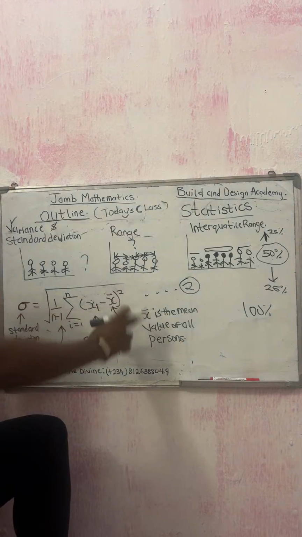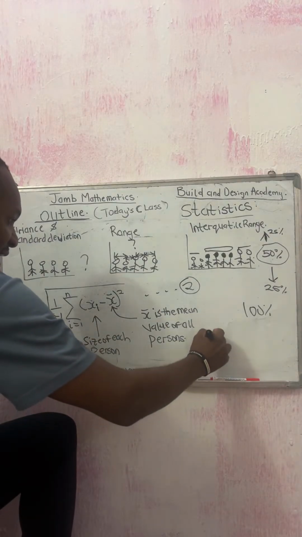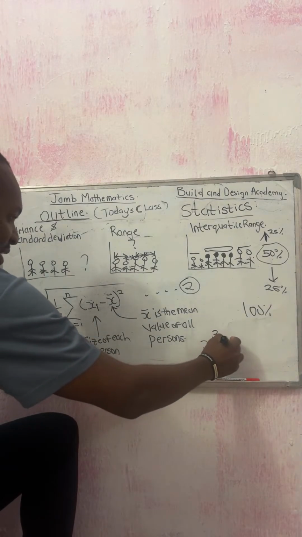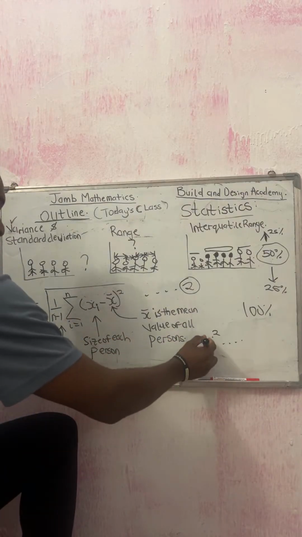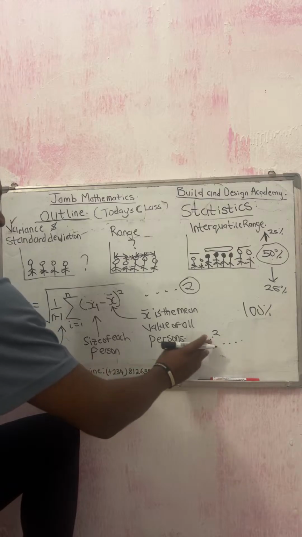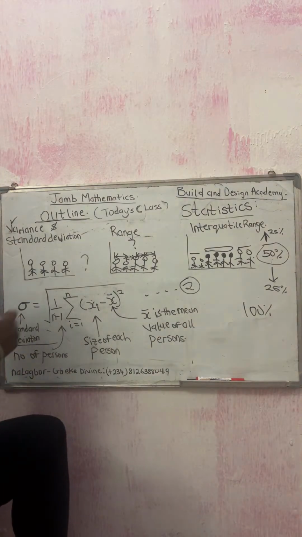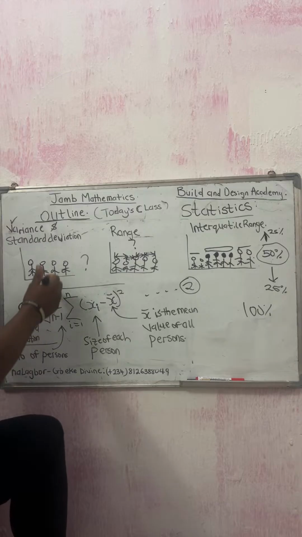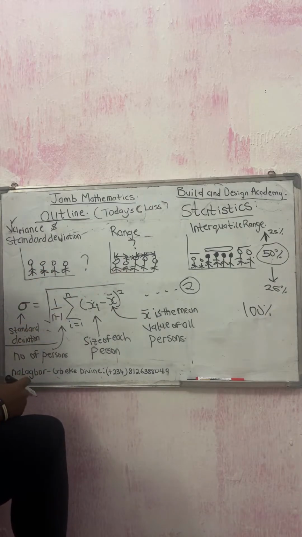When it's raised to power 2, if you expand it, you have something like xi squared, and once you see a polynomial like this, just know that it's a quadratic equation. So the standard deviation helps us get the quadratic mean, while the variance is the square of the standard deviation. So that's what we have.